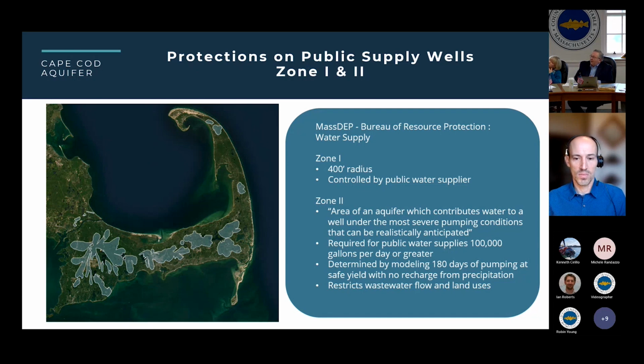And as Tim said, and I think this is an excellent point, looking ahead, we're not going to see that change too much, as he mentioned, in terms of land areas for future water supply areas and for future delineated zone 2s. The focus is going to continue to be on finding ways to make sure that those are protected and sustained for long-term use, and that we find ways to address land uses that may present threats.